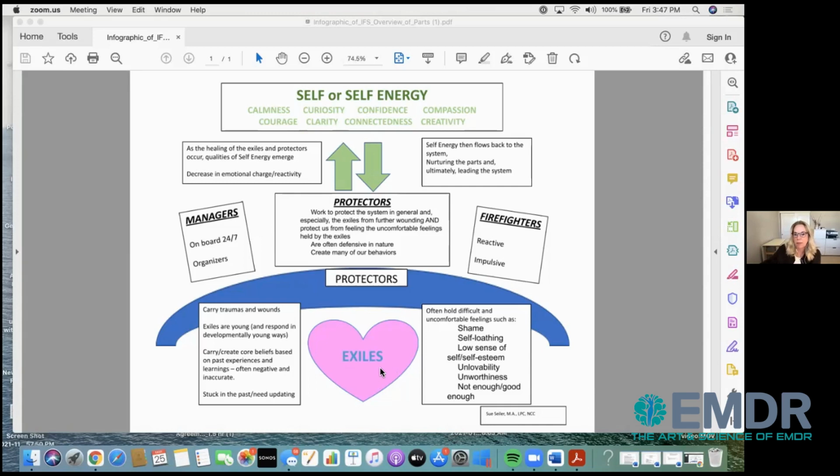At the bottom, we have what are called exiles, and they typically are very young. They are parts of us that carry our wounds, our traumas, our hurts. Oftentimes they are stuck in the past, and that becomes a really integral aspect of this work. The exiles carry themes around our value.